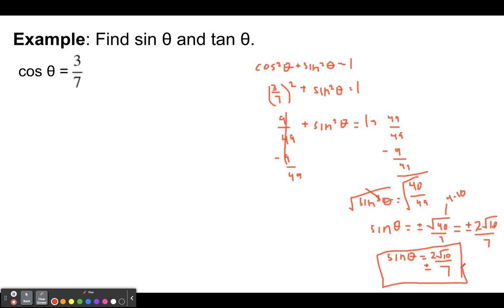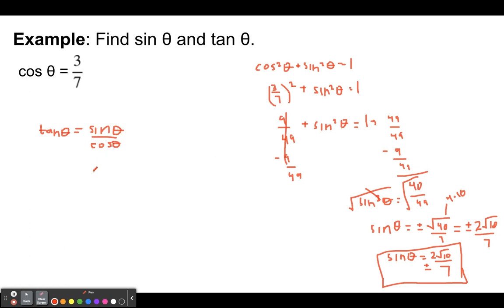And again, tangent of theta is equal to sine of theta over cosine theta, which again, both of these values we already know.